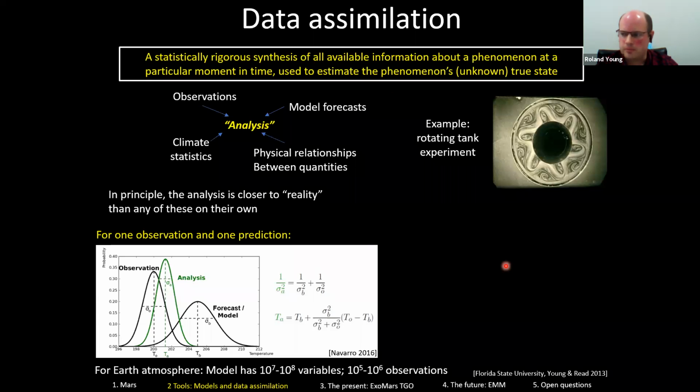At the present time, this is built only using numerical simulations. Now, the numerical simulations are tuned using observations, and there is some observational information that goes into those numerical simulations, but fundamentally it's a numerical simulation.